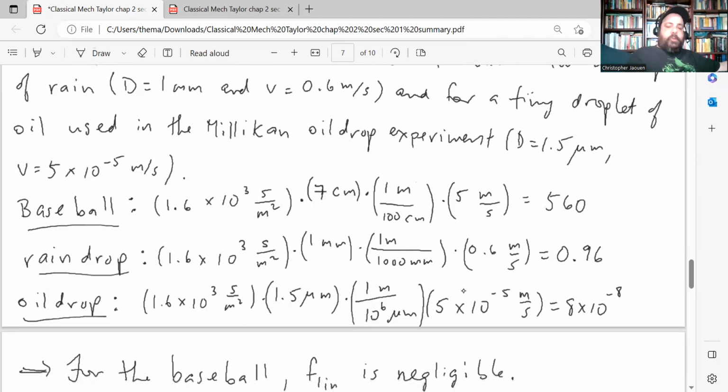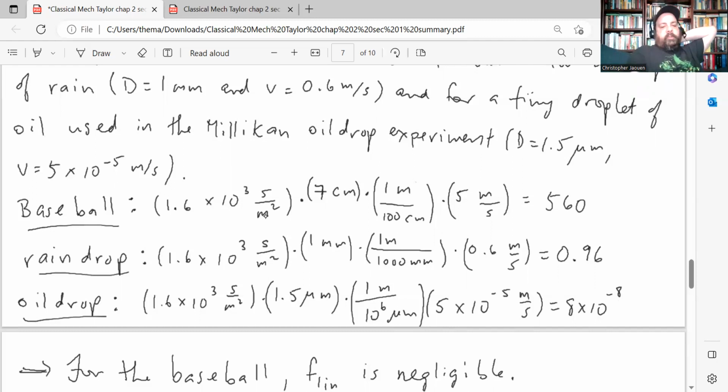And then for the oil drop, again, plugging in the values and making sure your units match, you get something very tiny, which means that the quadratic term is completely negligible compared to the linear drag. So you can ignore the quadratic drag in this case, which makes the situation a little simpler.